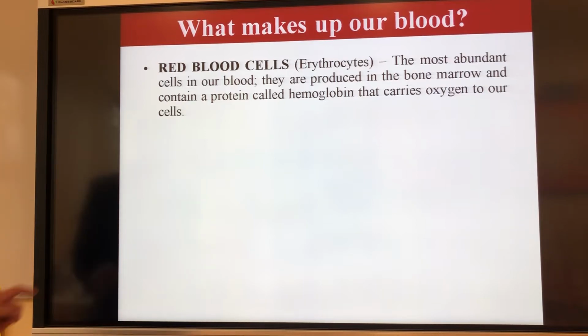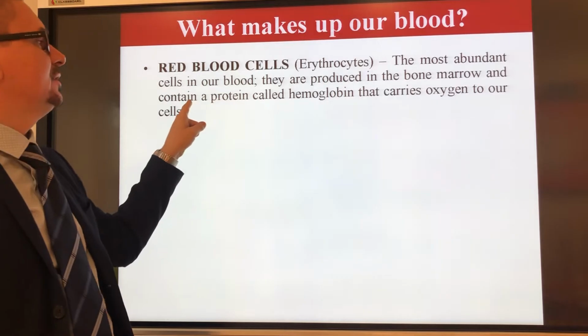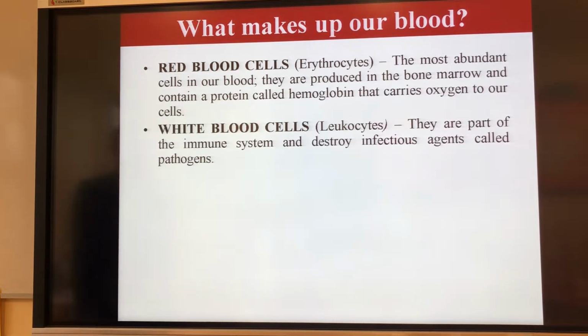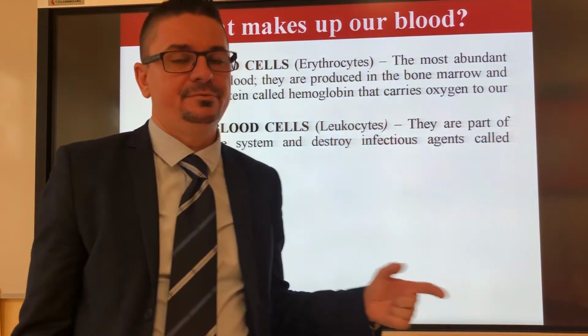Yeah, and we mentioned that they are produced in the bone marrow and they contain a protein called hemoglobin. White blood cells is the next one, leukocytes, that's the scientific name, and they can destroy infectious agents. Of course, you can always stop the video and you can write down the core information.